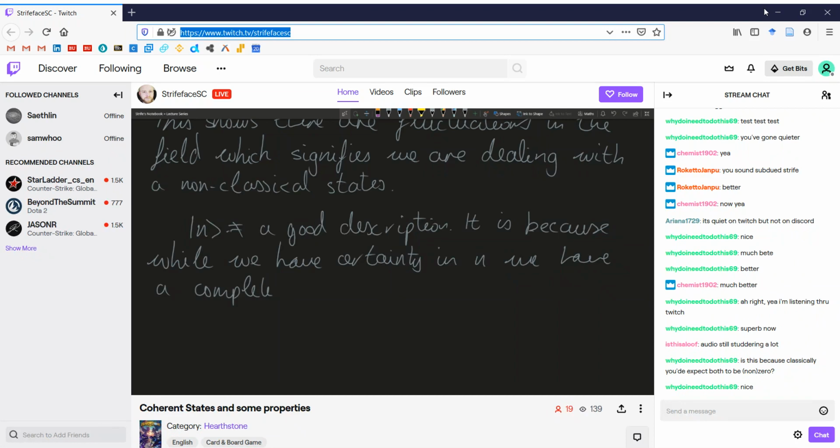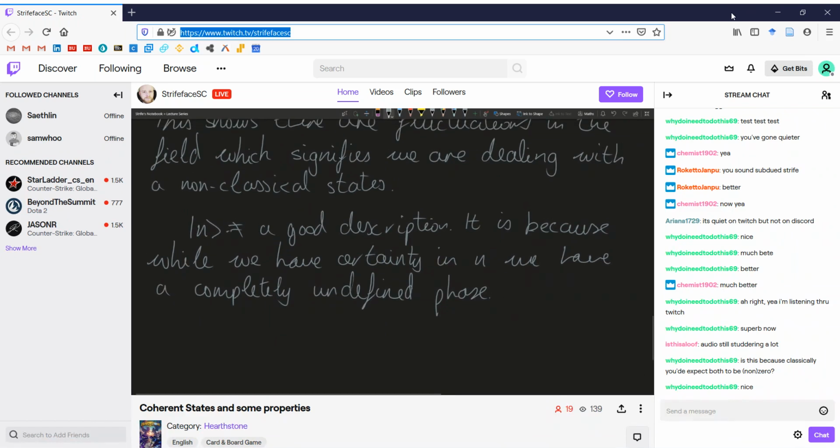Now, what that means is that the probabilities of all the states are equally likely, and so they cancel each other out, which is why we end up with a zero expectation value. It's because all phases are equally likely, and therefore they all cancel each other out.